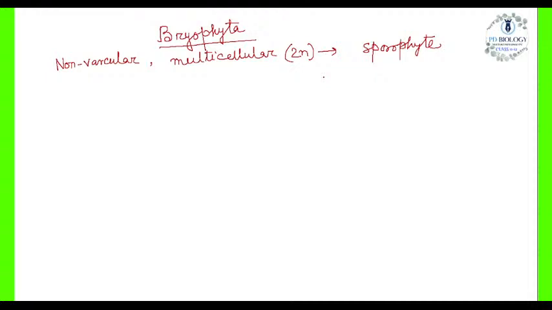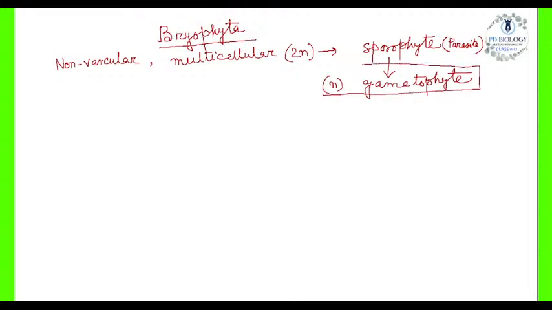And it lives as a parasite on an independent multicellular haploid gametophytic body. So the sporophyte lives as a parasite on the haploid gametophyte.